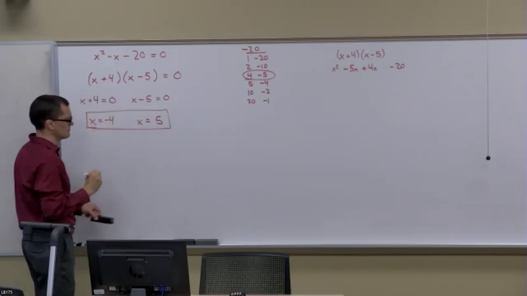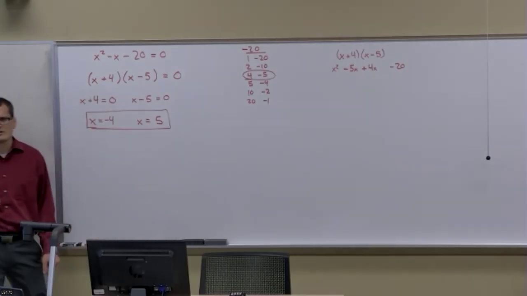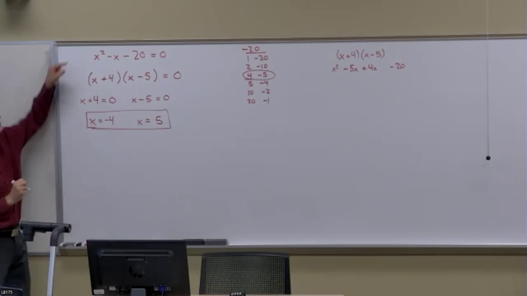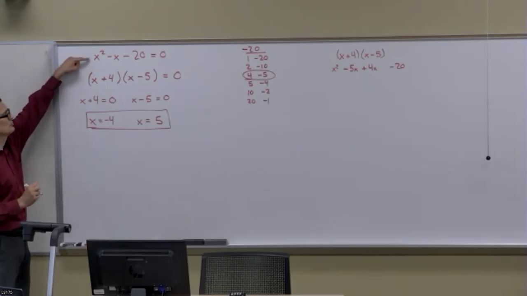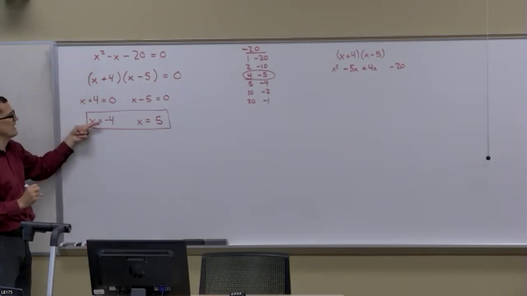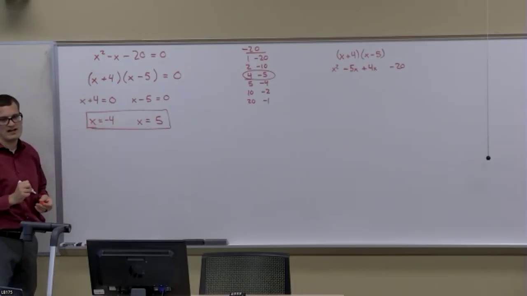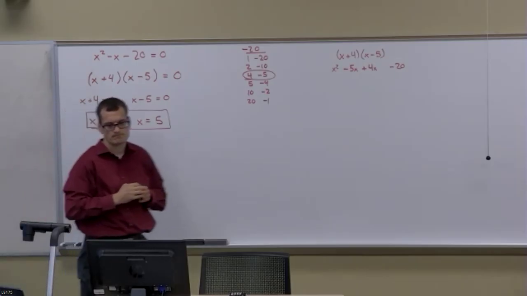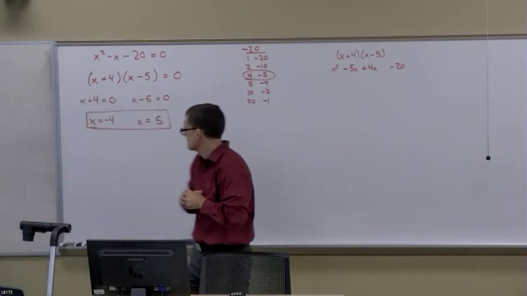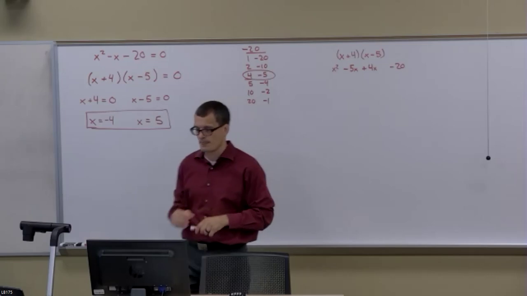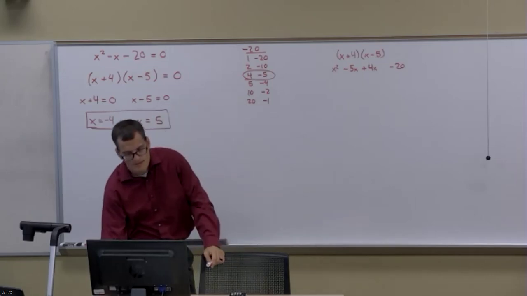And both of those values work. So this quadratic has two solutions. One of them is x equals -4. The other is x equals 5. Any questions about that?